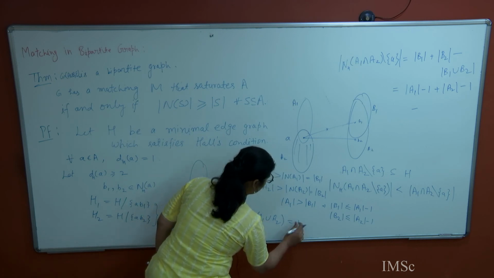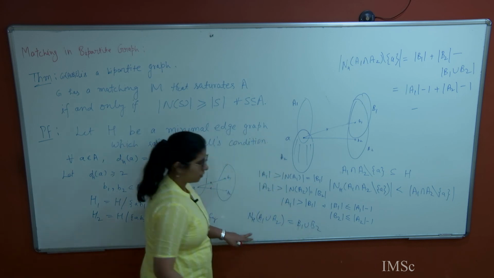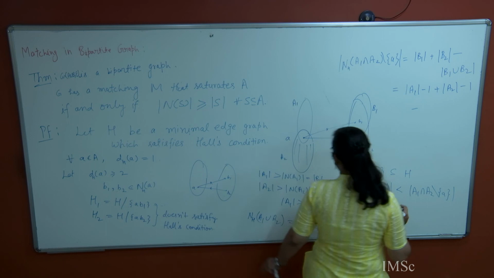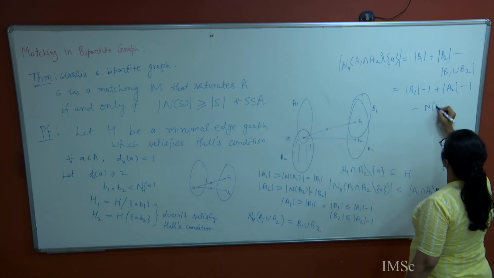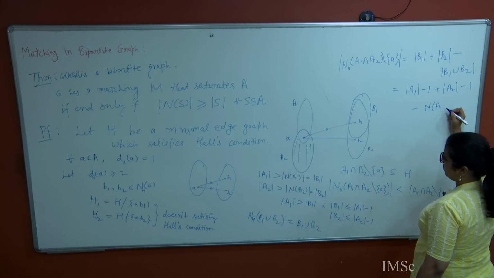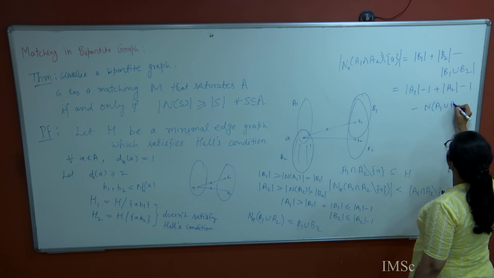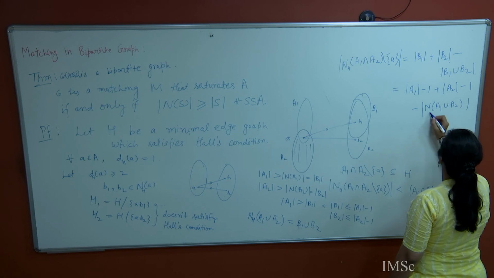This would be the set B1 union B2, right? Am I doing it correct?